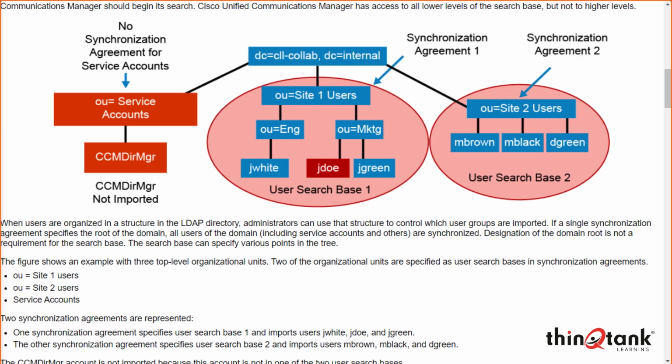So the account can actually reside outside of the configured search space where we're pulling the information from. It can be anywhere in the domain, actually. In this particular case, the CCM DIR MGR account is what's used for the synchronization, and that's not included in our search space for incorporating the account information into Call Manager.